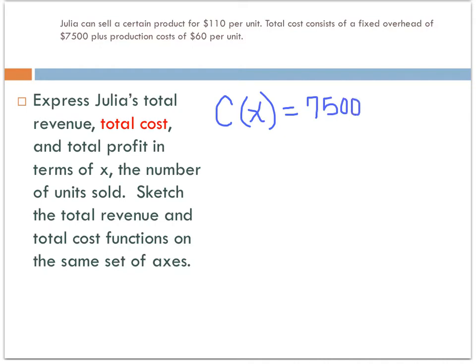And then for each widget that we produce, it costs us $60. But not just $60 one time, we have to pay $60 for every widget that comes off the assembly line. So we would have to multiply 60 by that X. That X isn't a multiplication symbol, it's a variable X. So there's our cost function. All done.